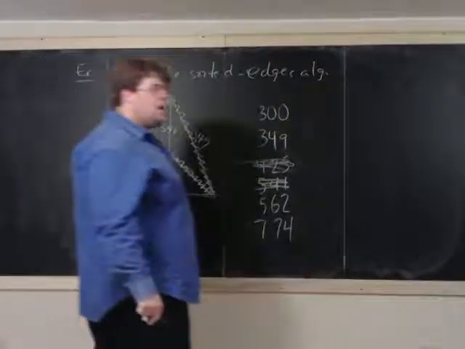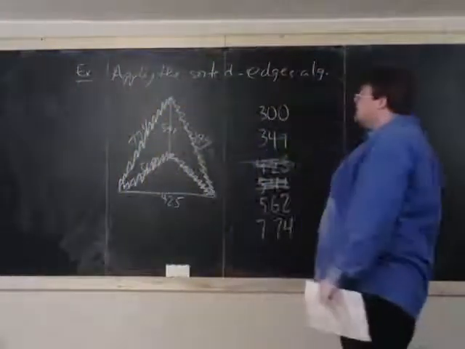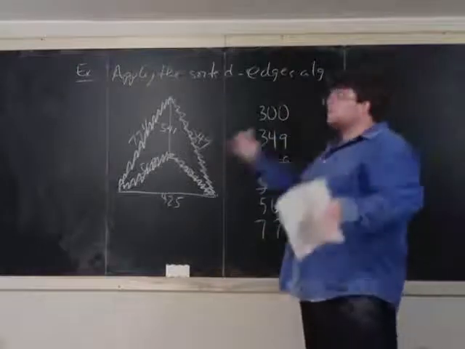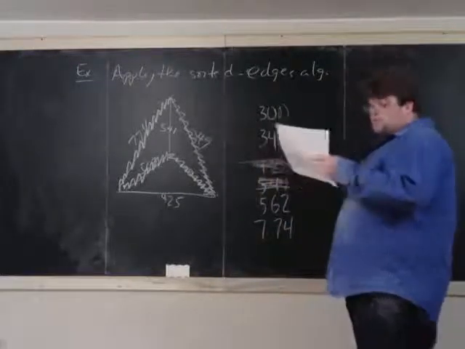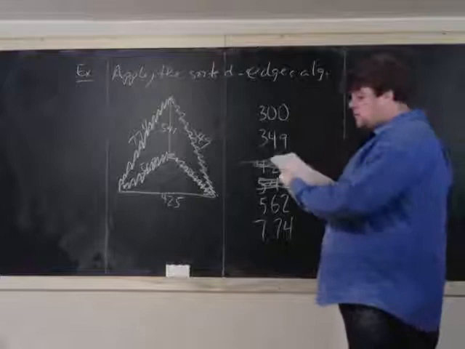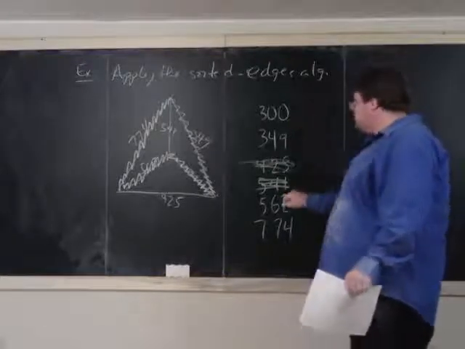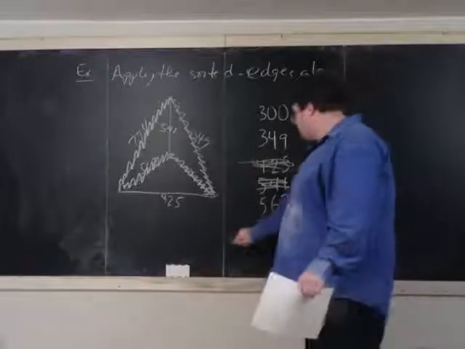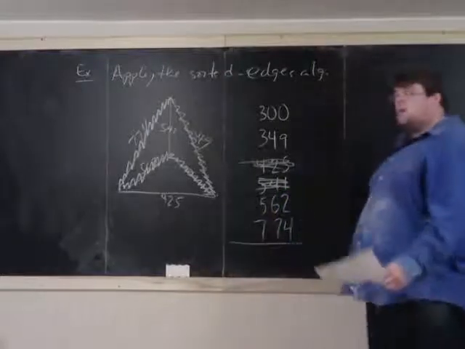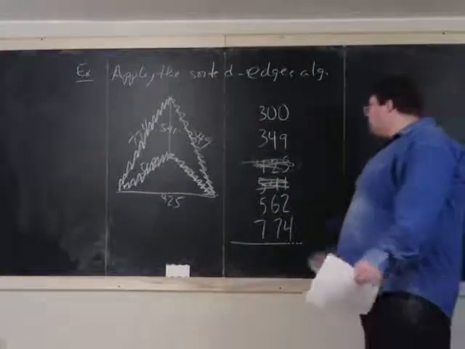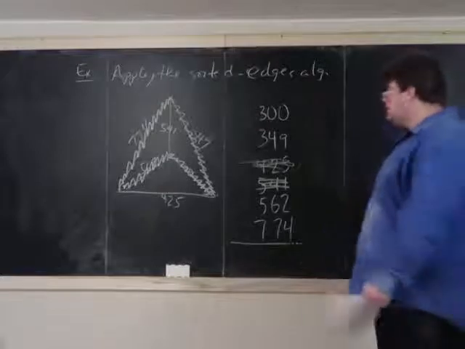So this is what we got with the sorted edges algorithm. The sorted edges algorithm gave us that cycle. What does that add to? Well, that's these four numbers added together. 300. We can just add these all together like this. With these numbers, again, I would allow calculators.